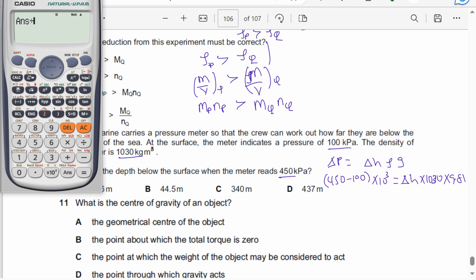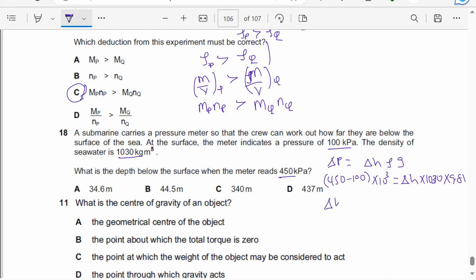Then I divide this by 1030 times 9.81. So the difference in height is actually about 34.6 meters. So the answer is going to be A.